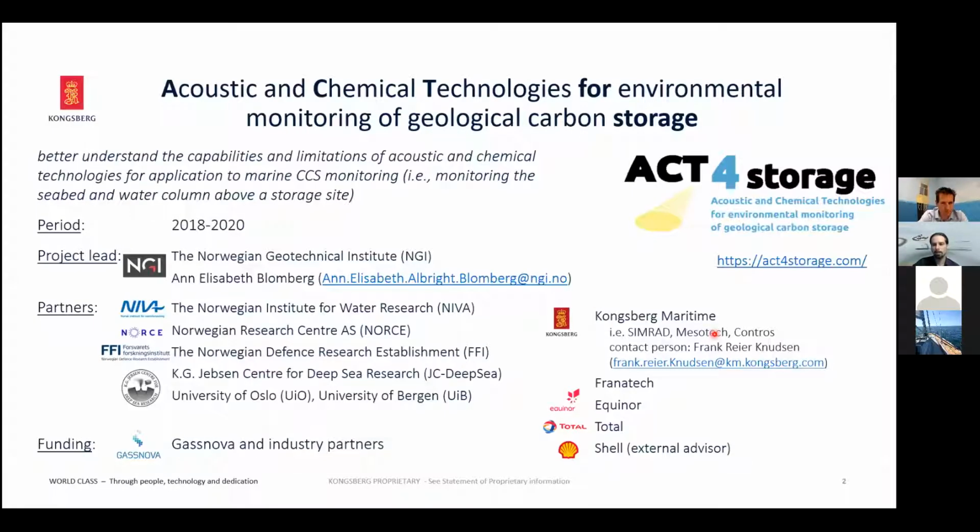The work that you'll see on the following slides stemmed from investigations that were conducted as part of a project called ACT for Storage, Acoustic and Chemical Technologies for Environmental Monitoring of Geological Carbon Storage.